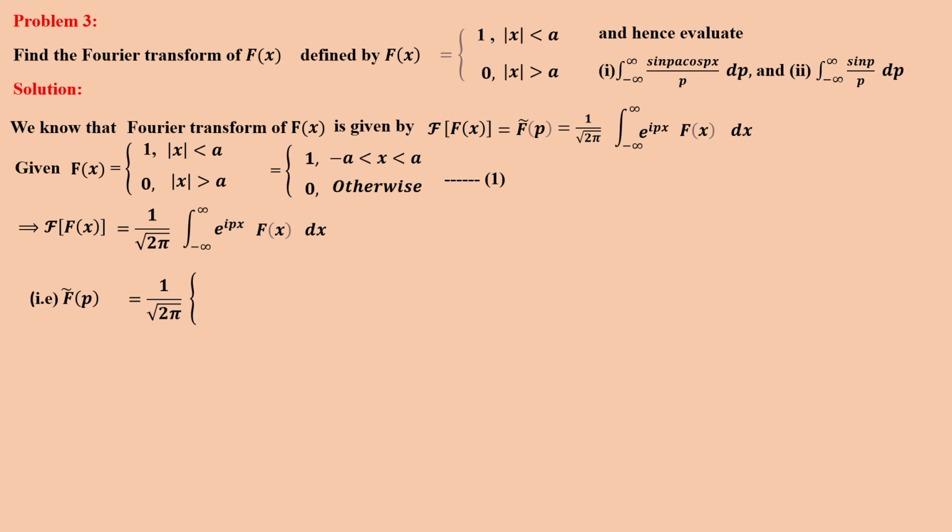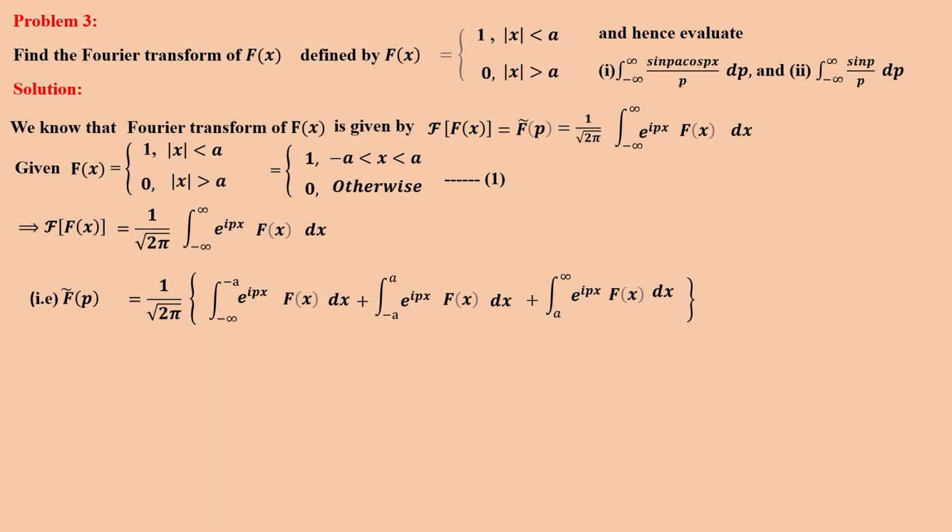That is why we are going to split the integration, because the integration is over minus infinity to plus infinity. So we take the first interval, minus infinity to minus a, e power i px f of x dx, plus the second interval, minus a to plus a, e power i px f of x dx, and the third interval, a to infinity, e power i px f of x dx.